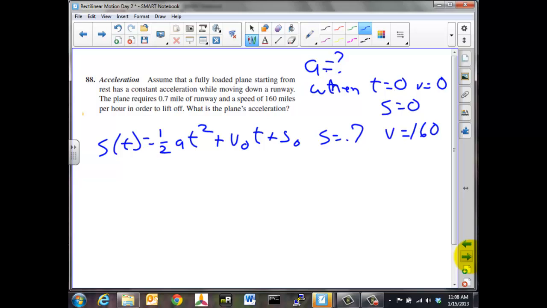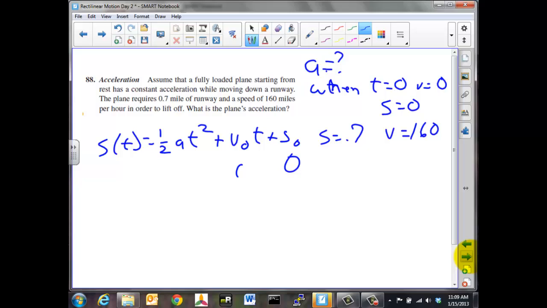But what can you tell me about that formula that I just wrote up there? This is 0. This is 0. What else do we know? V sub 0 equals 0.